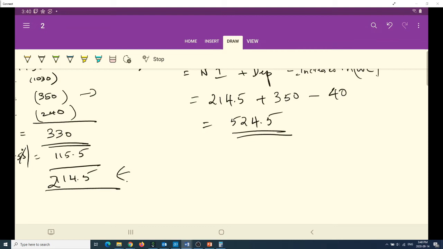Part E. What must have been Southeast's gross investment in fixed assets during 2018? Okay, so let's look at the balance sheet again.